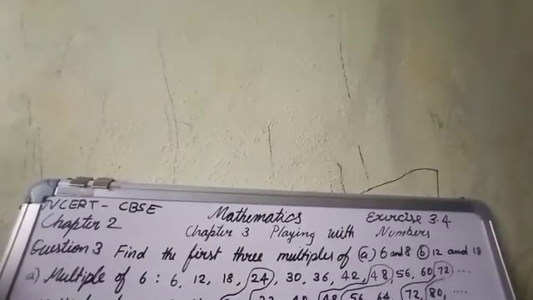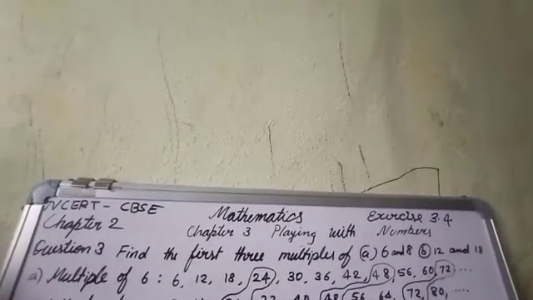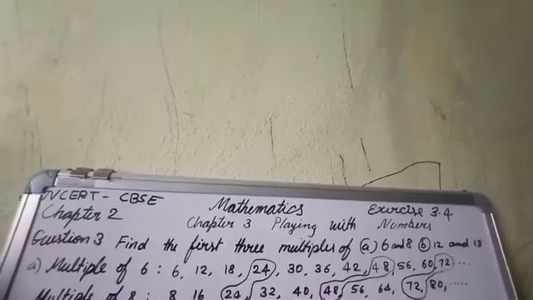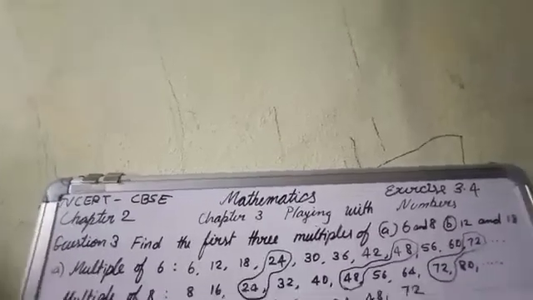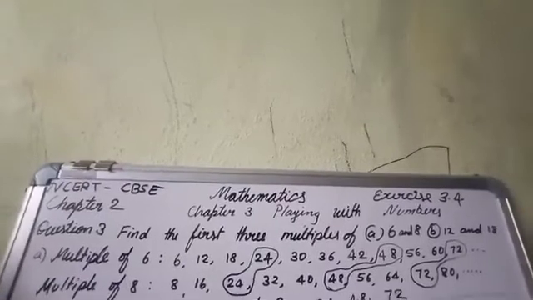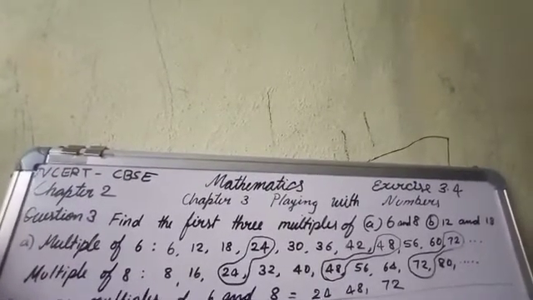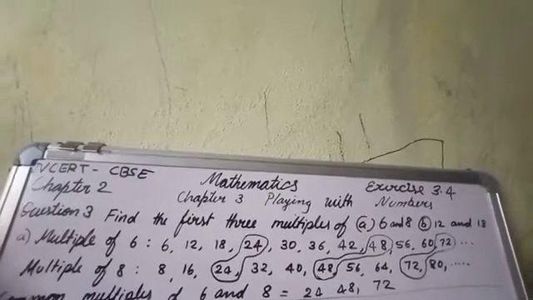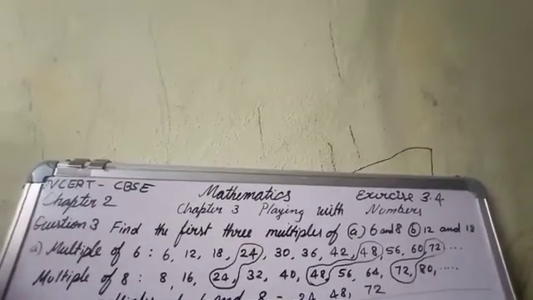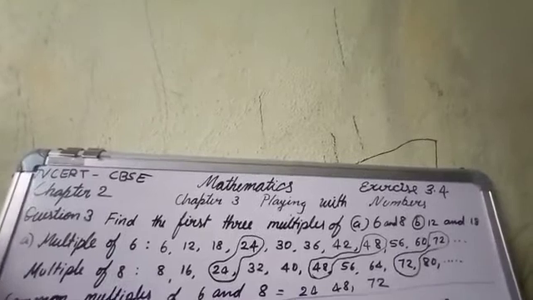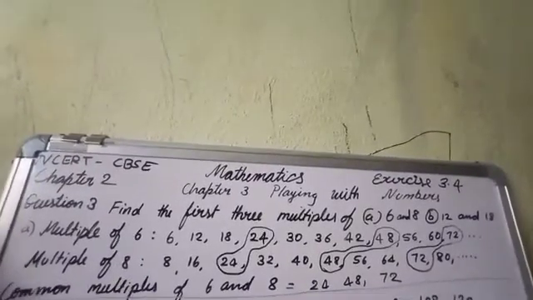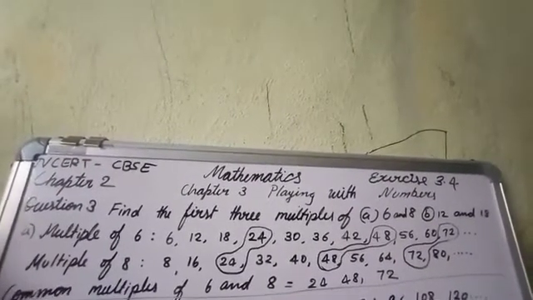We know very well, we are experts in the multiplication table. So we just quickly list out the multiples of 6: 6, 12, 18, 24, 30, 36, 42, 48, 54, 60, 66, 72 and so on, because it will not stop. 6 tens are 60, 6 elevens are 66, 6 twelves are 72.